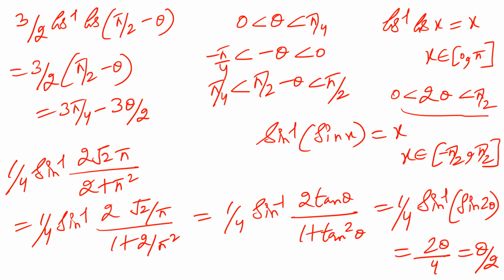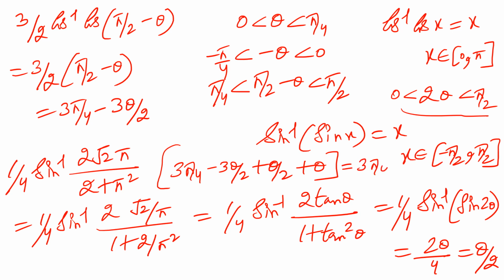Fine. So now we add all these values and get the answer. So 3 pi by 4 minus 3 theta by 2 plus theta by 2, and the last term was obviously theta. So just add all of them. The answer comes as just 3 pi by 4.